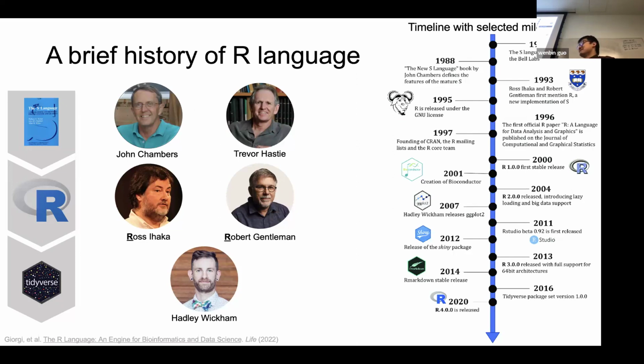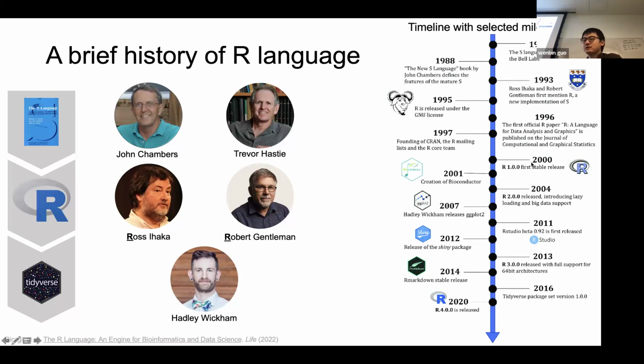So this is something you can talk to your outsider friends or family members. They probably don't know how to program, but they will be happy to hear some little stories during your learning journey. So R was invented a pretty long time ago, but along the way there have been several updates and several milestones.